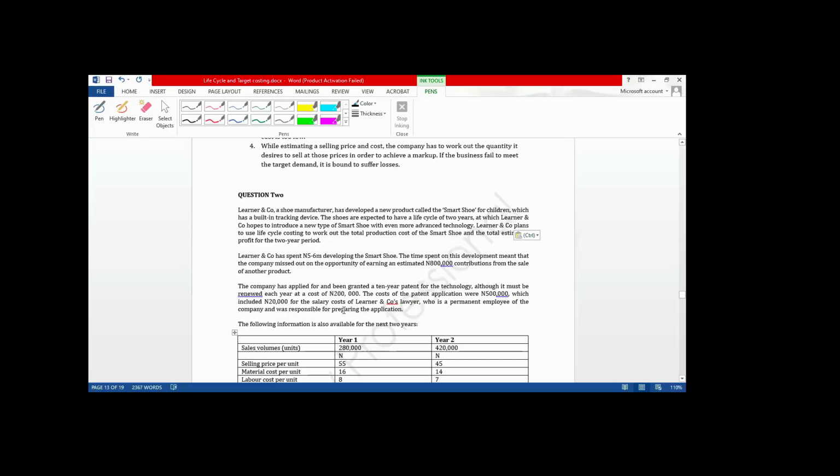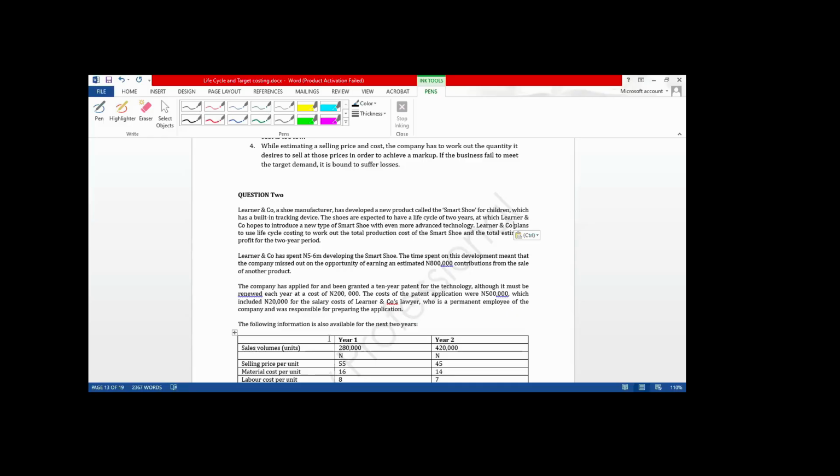The company has applied for and been granted a 10-year patent for the technology, although it must be renewed annually, yearly, at a cost of 200,000.